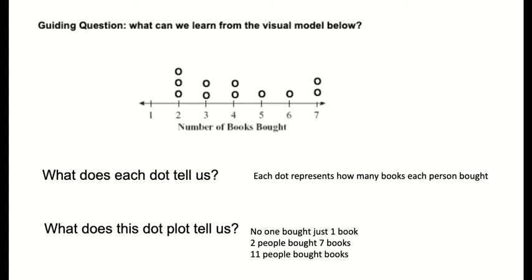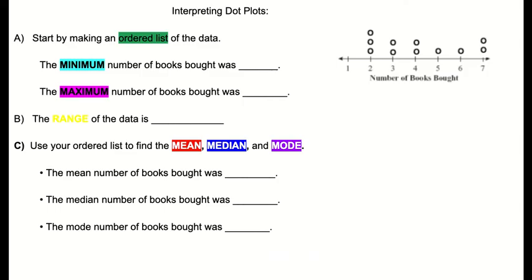Let's look at this visual in a little bit more depth, thinking in particular about the vocabulary words that we learned last week. So the first thing that I want you to be able to do when you see a dot plot is turn it into an ordered list of the data, okay? So for example, we're gonna make a list of the number of books that people bought.